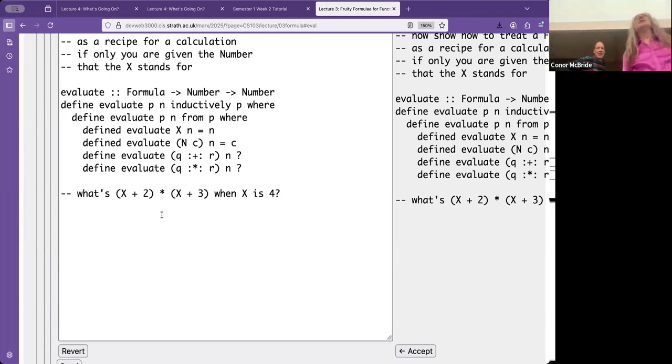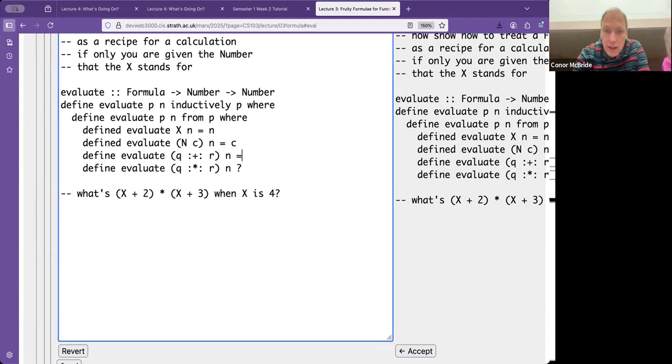Isn't that what you did when you were figuring out what x plus 2 times x plus 3 is, when x was 4? You thought, oh, well, x plus 2, that'll be 6, and x plus 3, that'll be 7. And then you multiplied them. So you figured out the values of the subformulae and then combined them in some way. Same deal here.